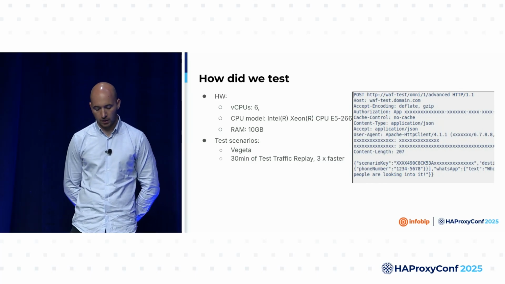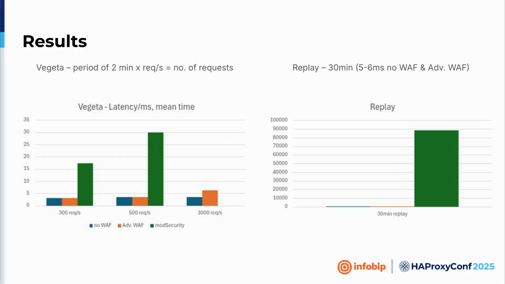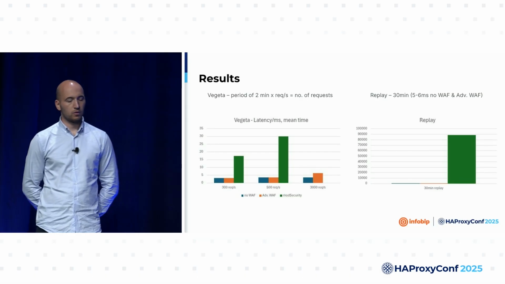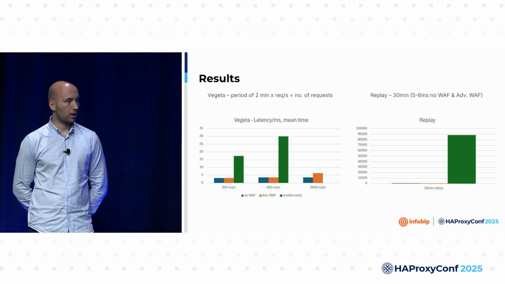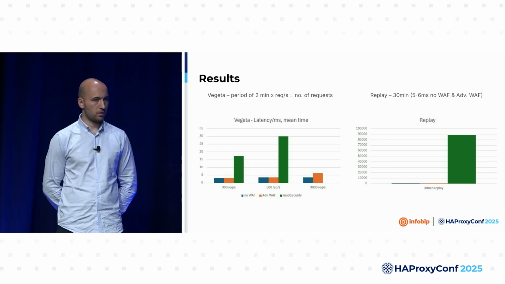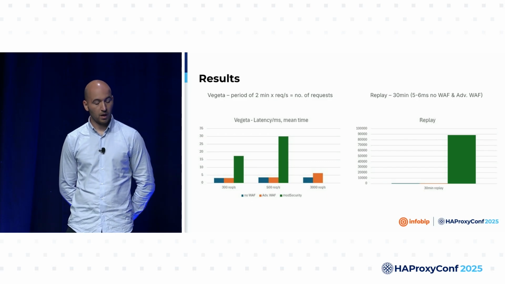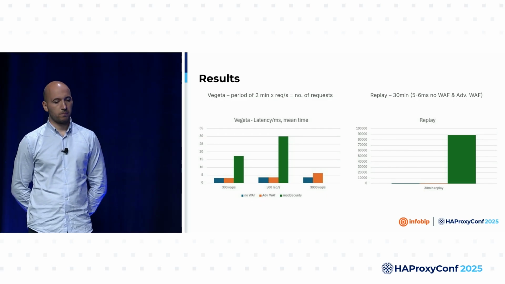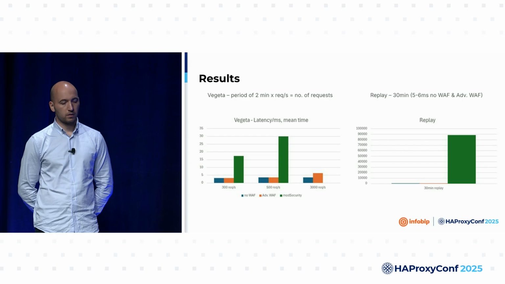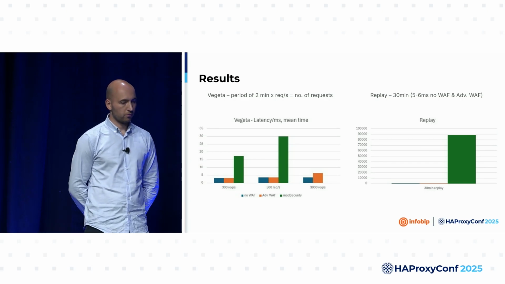First one was we hit that instance with 2 minutes of different requests per second, and the other one was, well, we captured test traffic with a duration of 13 minutes, and we just replayed it, but 3 times faster.